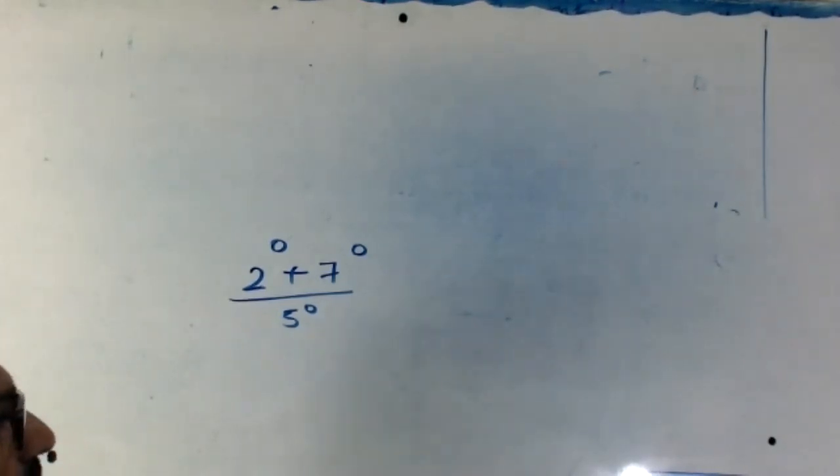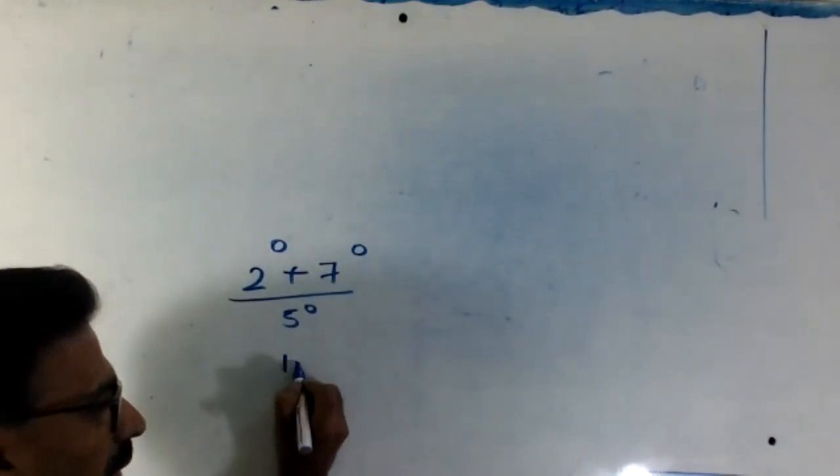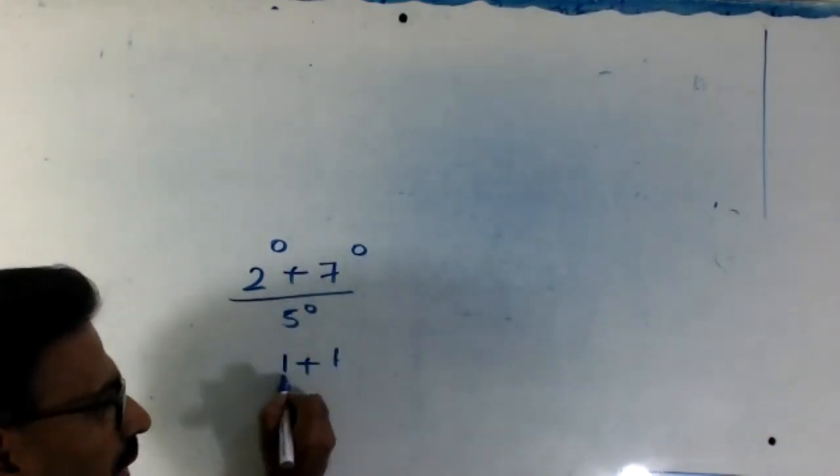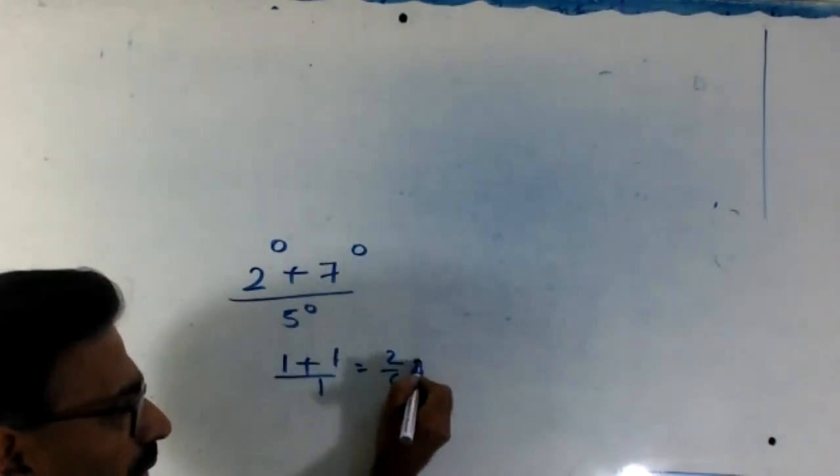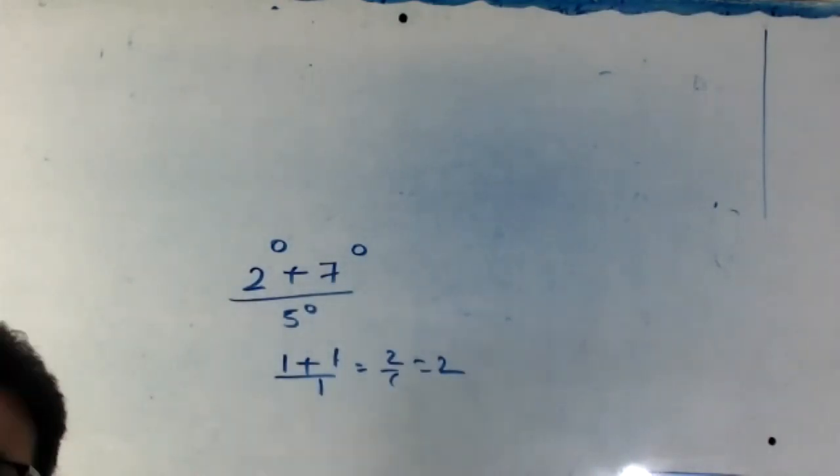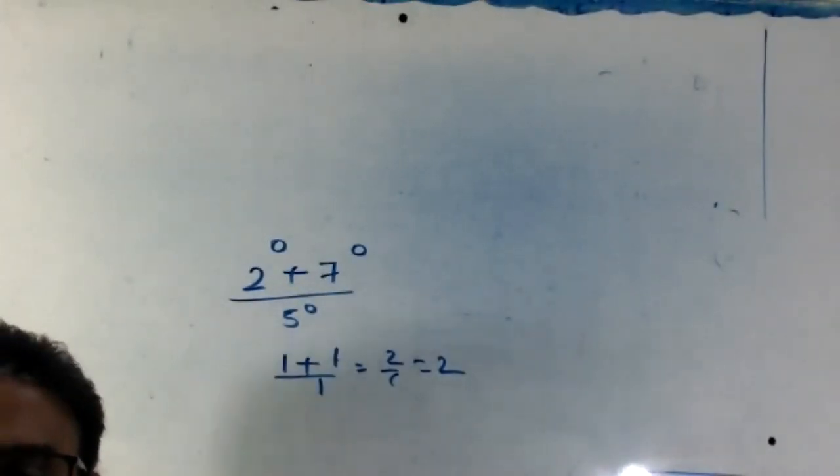Okay, finish. Look at here: 2 raised to 0 is 1, 7 raised to 0 is 1, and here 1. So 2 by 1 equals 2, because a raised to 0 is 1. I hope everyone got it right.